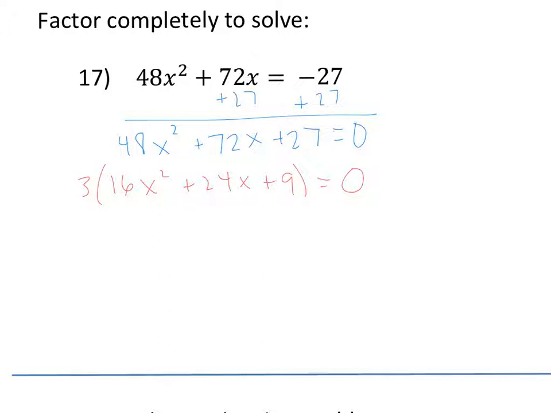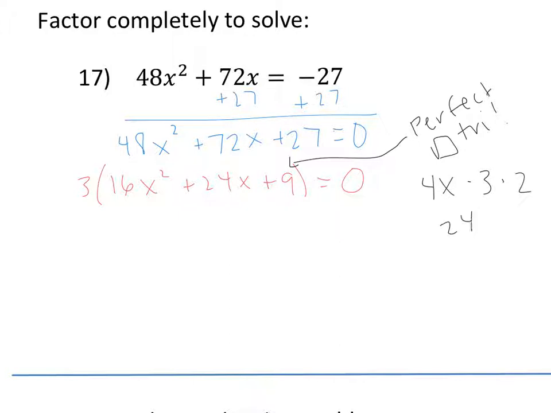And then, if you notice, 16x squared plus 24x plus 9 is a perfect square trinomial. The reason it's a perfect square trinomial is because I can take the square root of 16x squared and get 4x, times the square root of 9, which is 3, times 2, and that gives me 24x, which is the middle term.